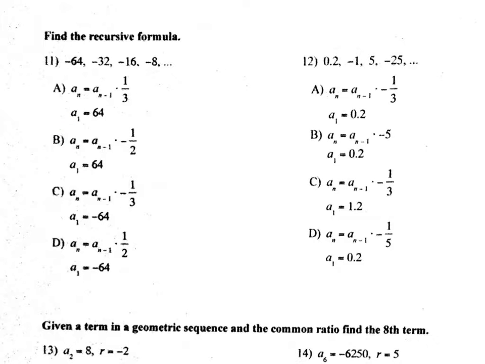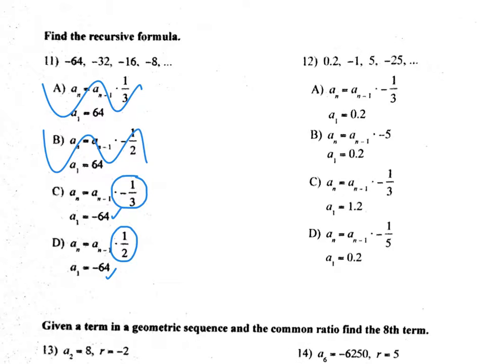So first I'm just going to go through and eliminate. It says the first term is -64. So I can pretty clearly see that option A and B don't make any sense. I need A1 to be -64, which is correct in options C and D. And then even if you don't understand the notation for the rest of this problem, I can see that on C it's saying to multiply by -1/3, and on D it's saying to multiply by 1/2.